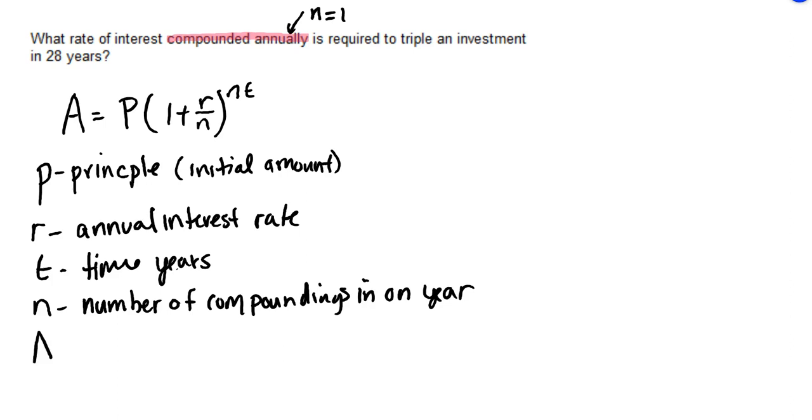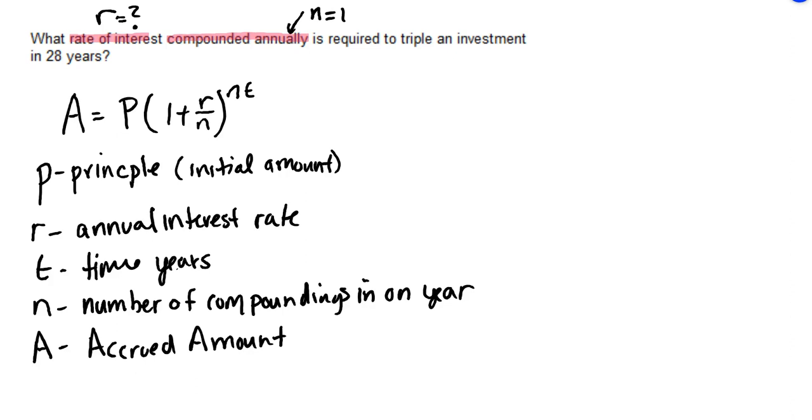And then finally we have A. A is our accrued amount or our ending amount, the amount after a certain time period. So in this problem it says what rate of interest, so that means R is our unknown that we're trying to find.